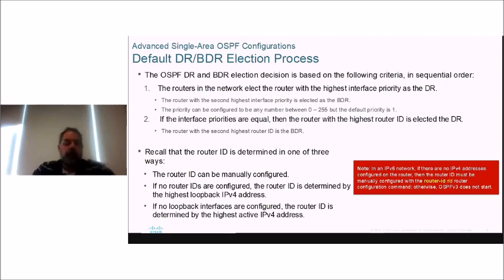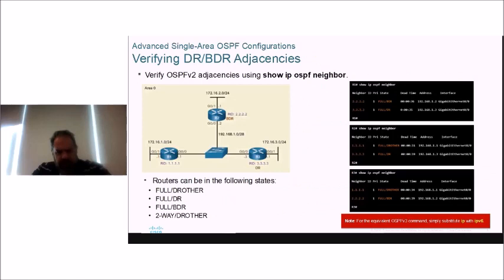If we look at the previous slides, you'll notice that the router ID for router 3 is 3.3.3.3, the router ID for router 2 is 2.2.2.2, and the router ID for router 1 is 1.1.1.1. That router ID was what was used to determine this. Router 3 had the highest ID number, and so it became the DR. Router 2 had the second highest, and so it was BDR.